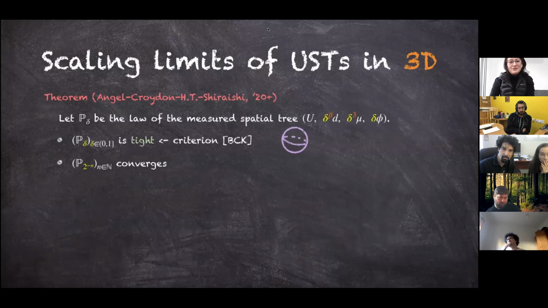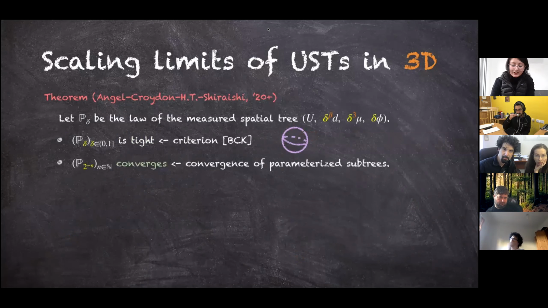And for the tightness, we use this criterion that I told you about, a criterion for tightness that comes from understanding the measures of the intrinsic ball. And for the convergence, what we do is that we have convergence of subtrees. So in our space, we fix some points, let's say K points.